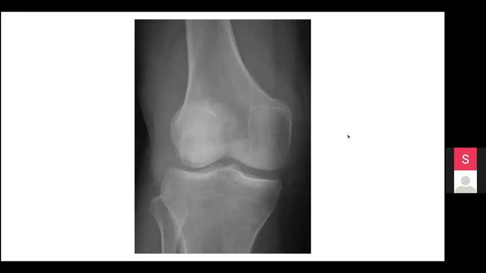It is not flattening. The joint line appears normal, as in the curve appears normal. There is something else abnormal about the joint line there. Can anyone appreciate two joint lines on the lateral side?